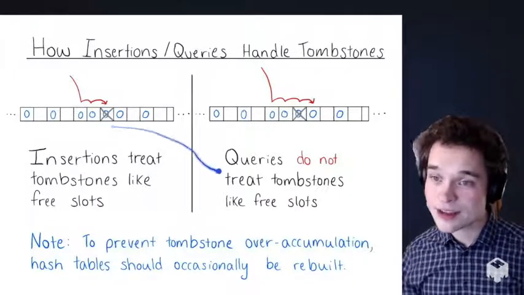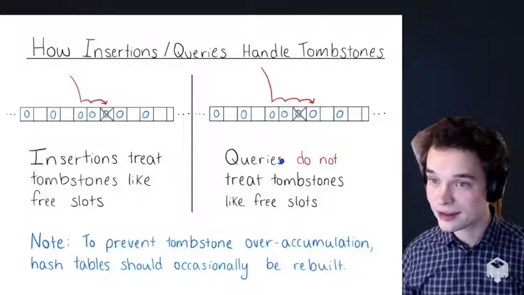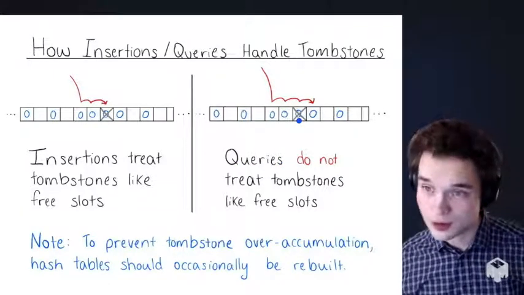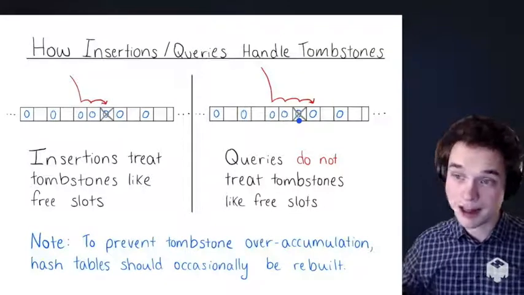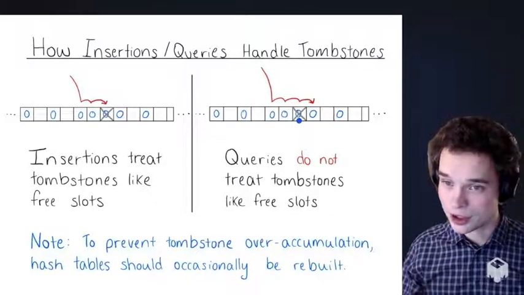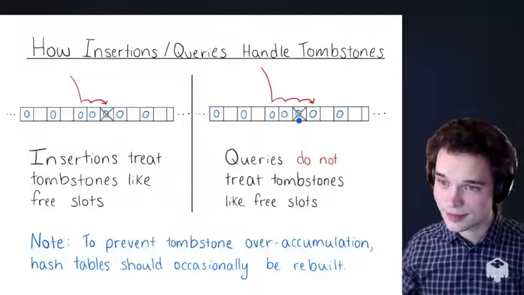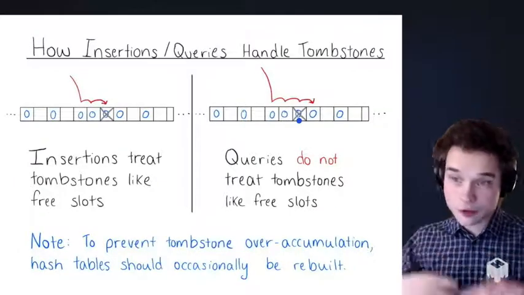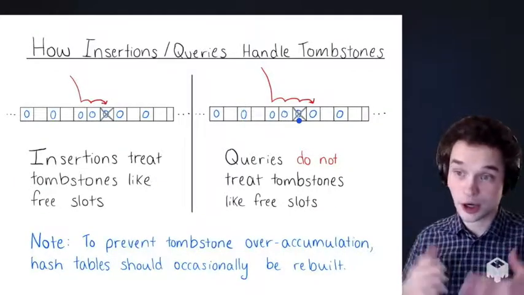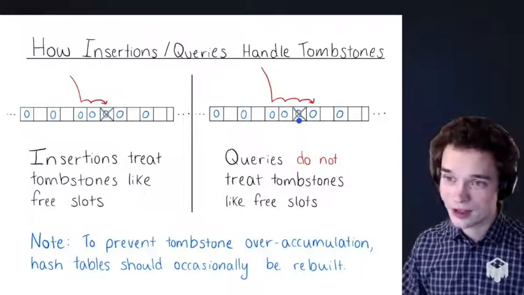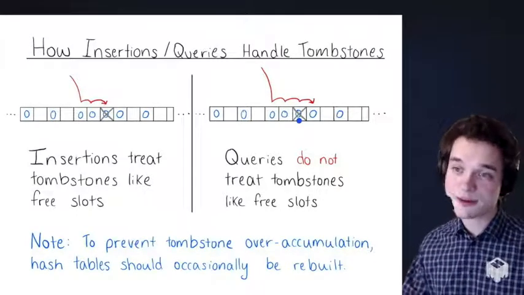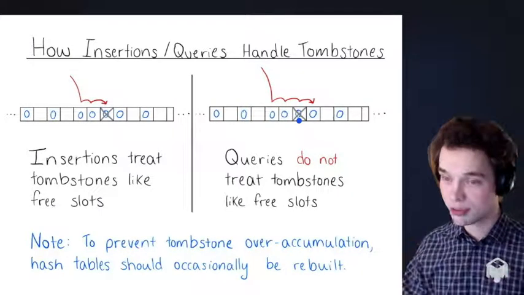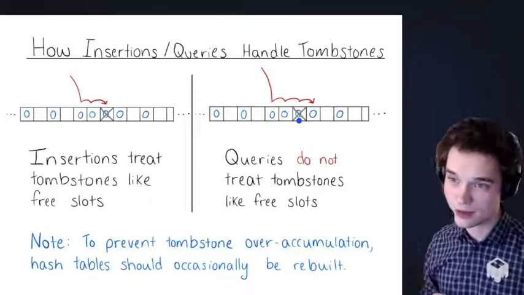On the other hand, queries do not get to treat tombstones like free slots. When a query comes across a tombstone, it has to keep looking for the element that it's searching for, because that element might be to the right of the tombstone. One consequence of this is that if you have too many tombstones in your hash table, you can hurt your query performance. So the final detail in implementing a linear probing hash table is that every so often you should rebuild your hash table from scratch and clear out all the tombstones.